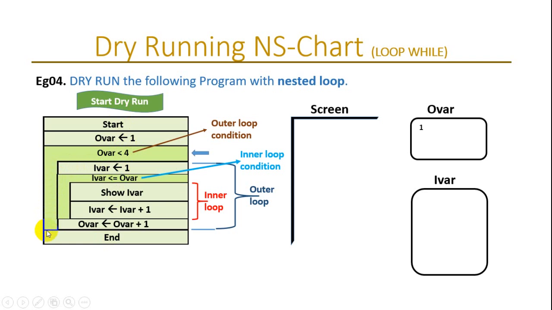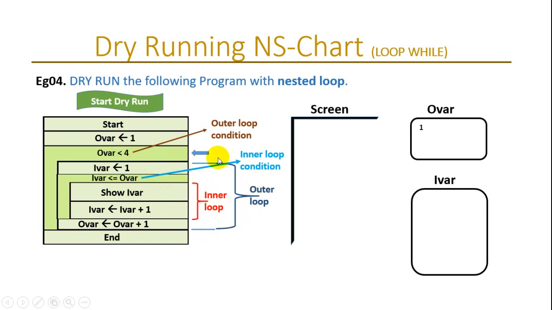The loop is from here to here. This is the outer loop area marked. I have marked the inner loop area and the outer loop area. The outer loop area belongs to the OVAR variable, this condition. And also remember, the inner loop is part of the outer loop. So when I say this whole thing is the outer loop, it includes the inner loop also.